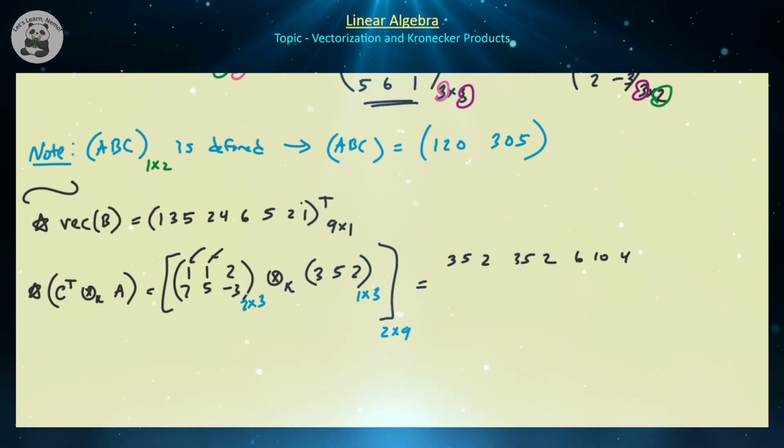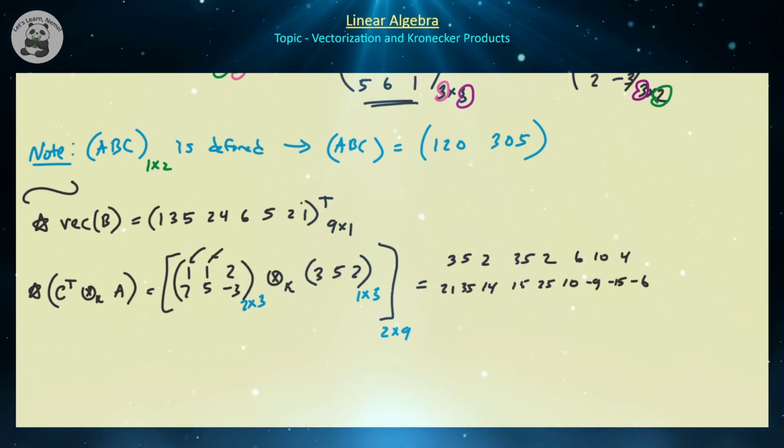And then 3, 5, 2 times 7 is going to be equal to 21, 35, 14. 3, 5, 2 times 5 is going to be equal to 15, 25, and 10, because 2 times 5 is 10. And then 3, 5, 2 times minus 3 is going to be equal to minus 9, minus 15, and minus 6. So that's going to be our 2 by 9 matrix.